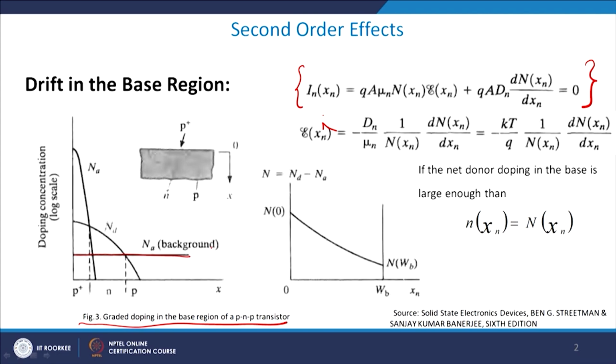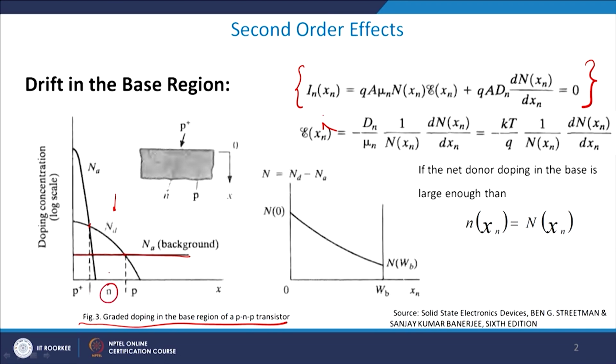Then we dope it with donor atoms, and we ensure that the donor atoms exceed the acceptor atoms at certain regions, between this point and this point, and these two points are basically the edge of the base.